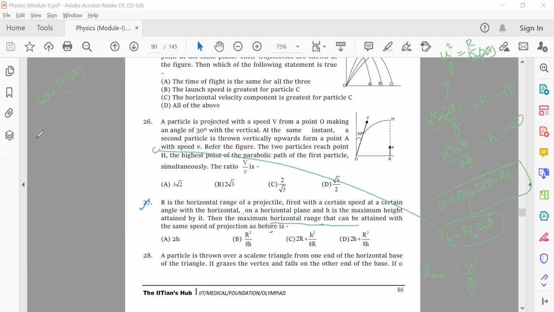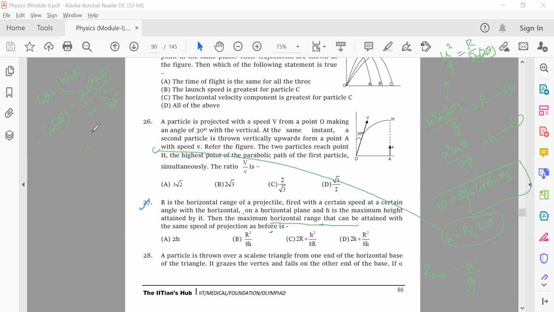So therefore sine 2 theta can be written as 2 tan theta divided by 1 plus tan square theta. Okay.